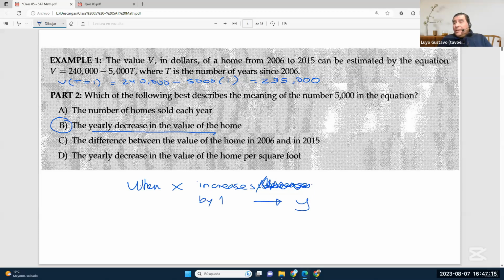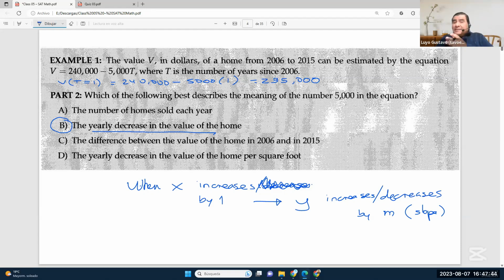then y increases or decreases, depending on the sign of the slope, by the slope m, which is the value of the slope. For example, if the slope is 2, that is to say, when x increases by 1, imagine that x is time.